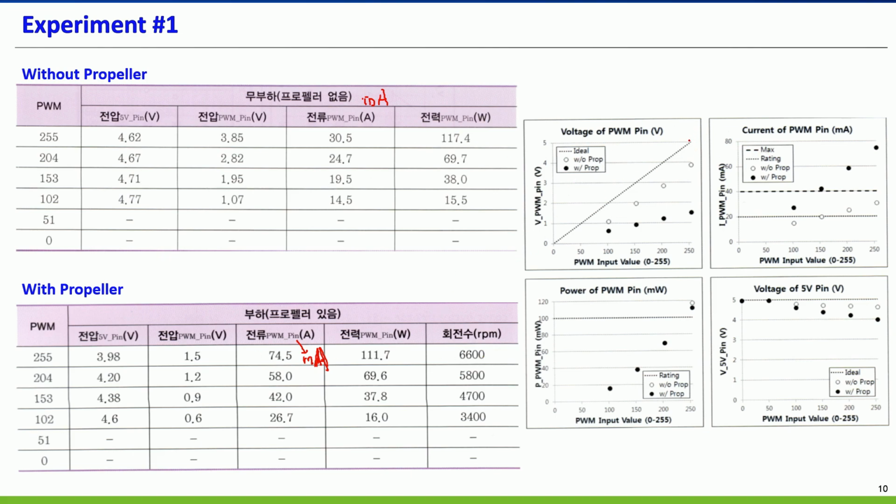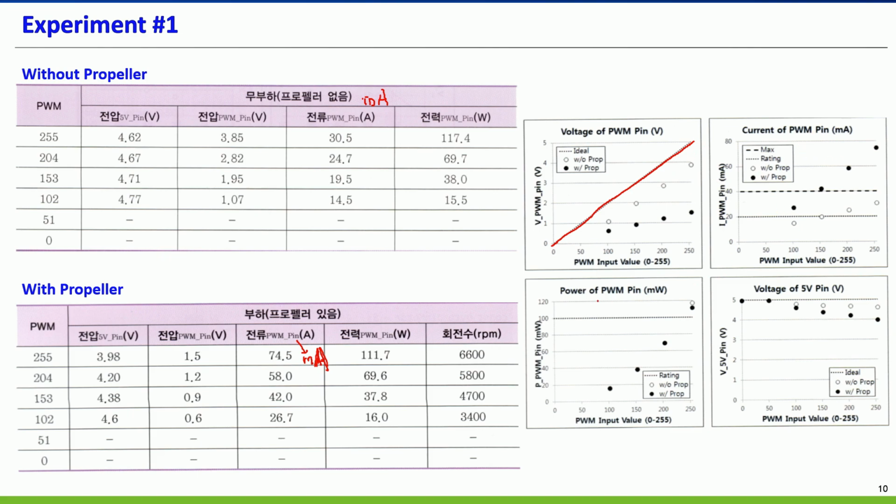this one is the ideal voltage output with the pulse width modulation input. But anyway, as you know, there is a voltage drop. The voltage will reduce based on the decimal value.